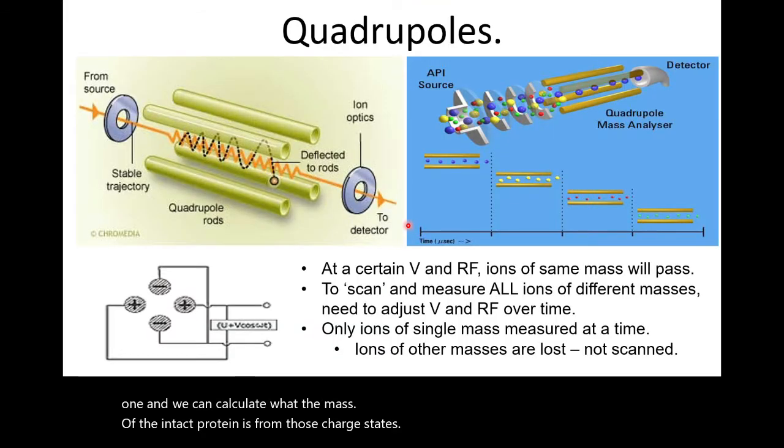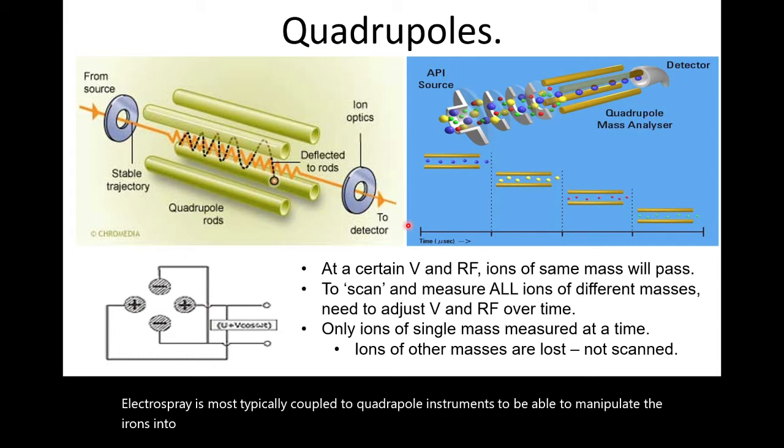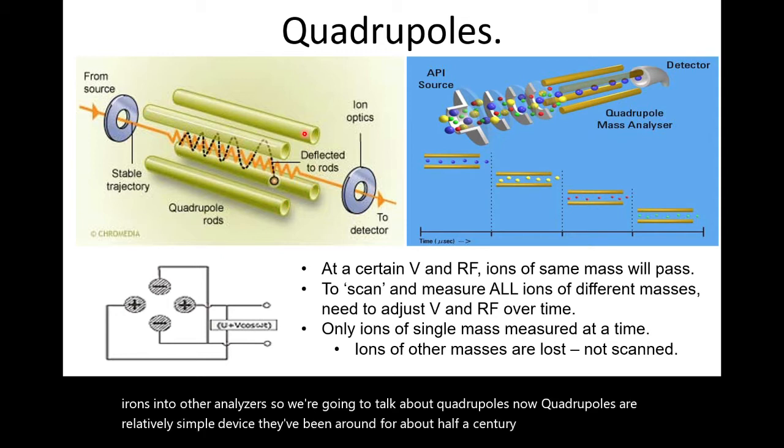Electrospray is most typically coupled to quadrupole instruments to be able to manipulate the ions into other analyzers. So we're going to talk about quadrupoles now. Quadrupoles are a relatively simple device. They've been around for about half a century, and they are 4 rods arranged in a square typically.